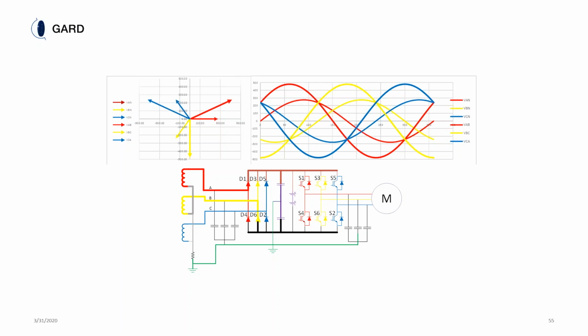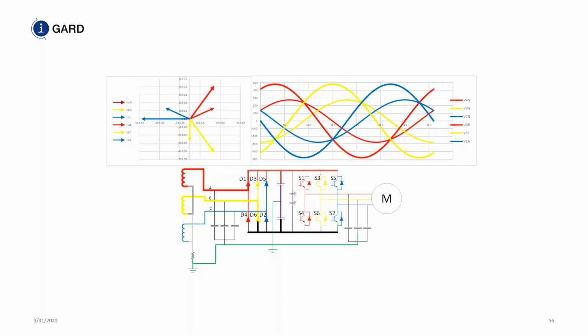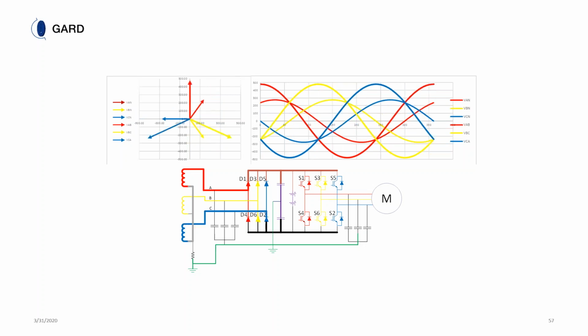The positive bus on A phase is actually the C phase portion here, right here. And diodes 1 and 6 is B phase, because it's a maximum negative voltage here. 30 degrees later, it's the same, 6 and 1.